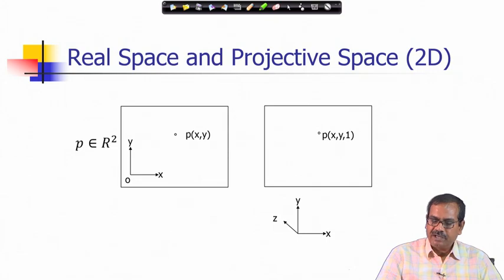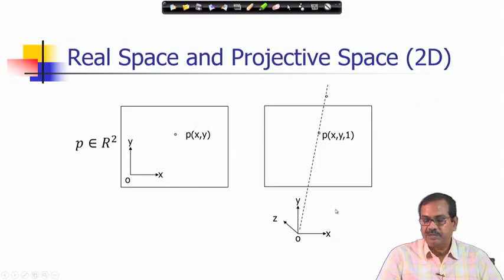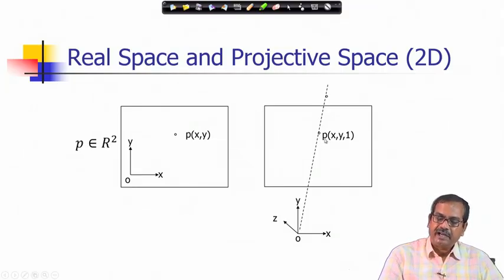If we apply the rule of perspective projection, in this three-dimensional space there is a point which is the origin, and if there is a ray passing through this particular point P, then that ray itself is represented by this point, and any point on this ray is equivalently represented by this two-dimensional point.